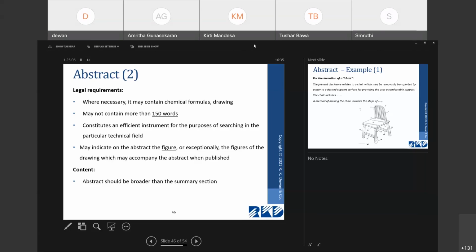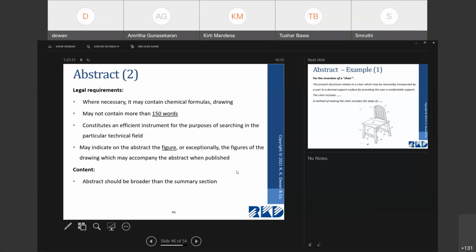It is good to specify. That's a legal requirement. You may indicate on the abstract the figure, the figures of drawing which may accompany the abstract when published. When we give this indication, the patent office will choose that particular figure or formula.